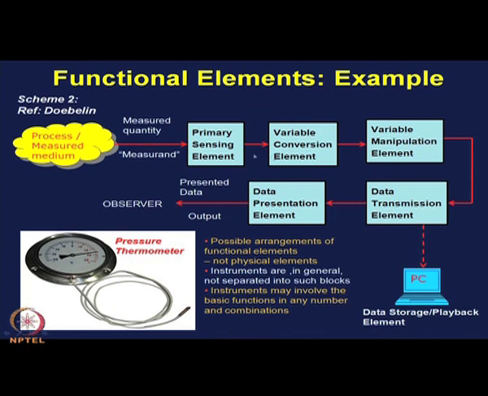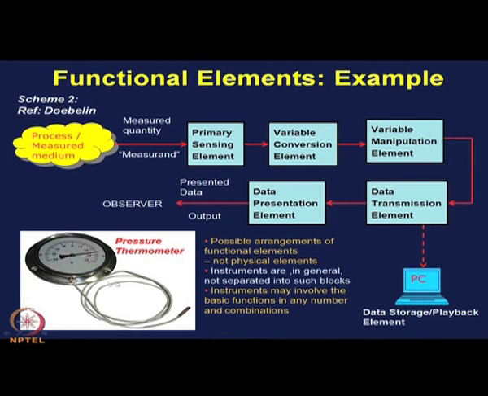In this block diagram, the primary sensing element, variable conversion element and all these elements are separated into separate blocks. Instruments are in general not separated into such blocks. Instruments may involve the basic functions in any number and any combinations.